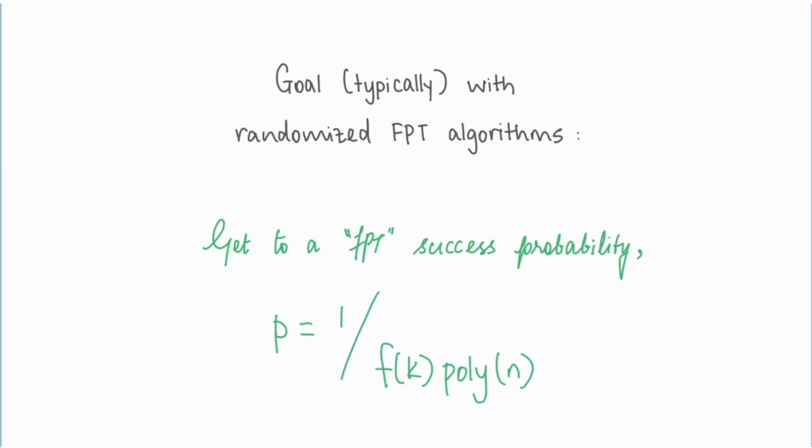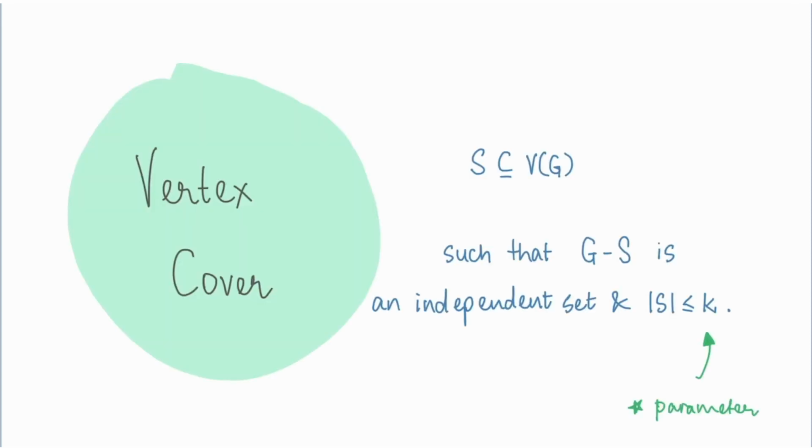So with all this background in place, we are finally ready to design our very first randomized FPT algorithm. The problem that we are going to design this algorithm for is a problem that you're by now very familiar with, and no points for guessing, it's vertex cover.